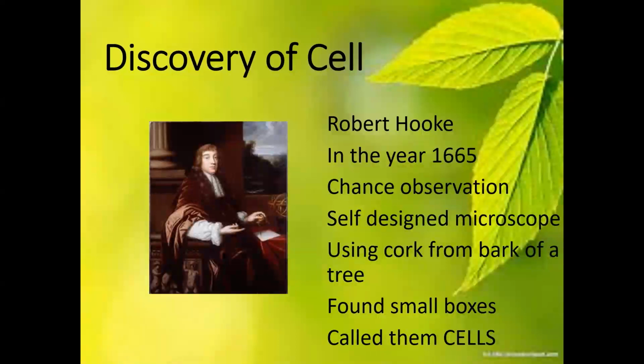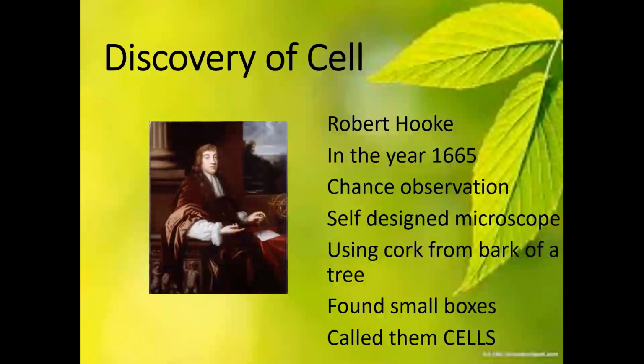While he was working with the slice of cork from the bark of a tree, he found small boxes. It was a chance observation. It was not intentional. This chance observation made him discover these small boxes which he called cells.